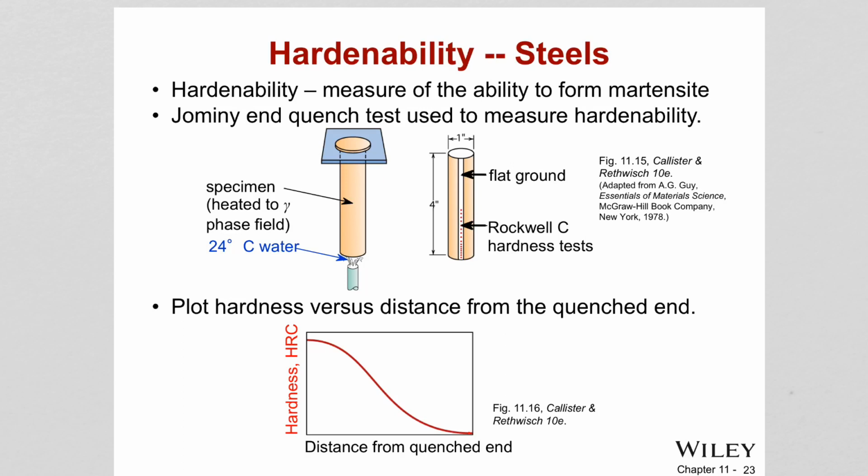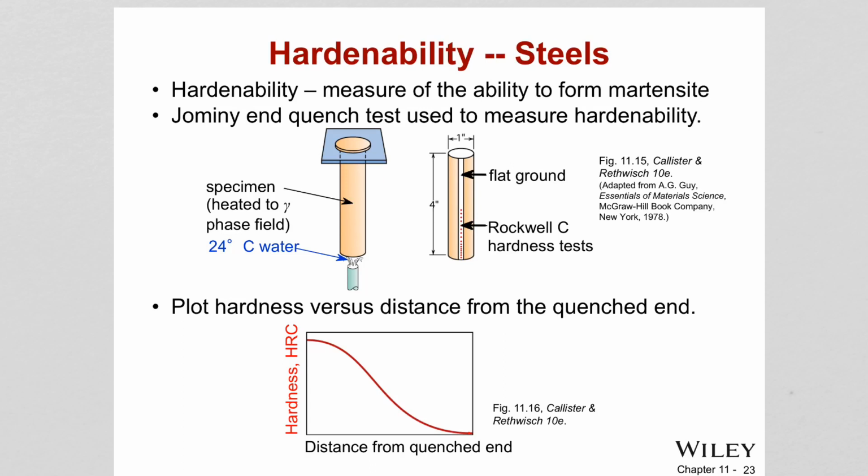So hardenability is the measure of the ability of the material to form martensite, to be able to be hardened. So this is done with the Jominy end quench test. In this test, you have a specimen which is in the austenite phase.